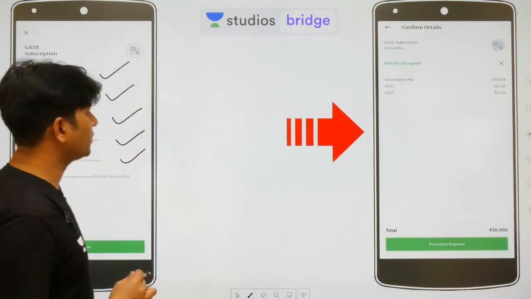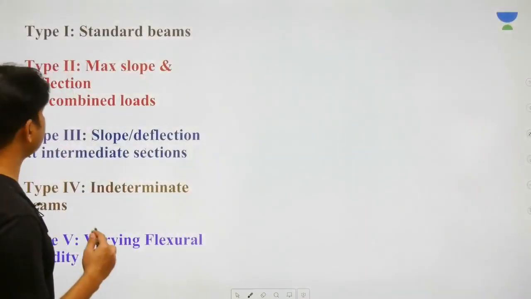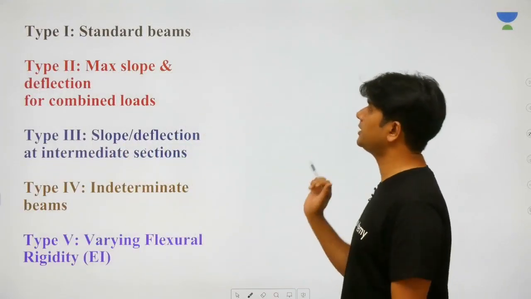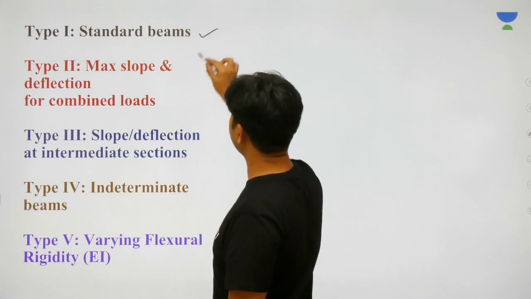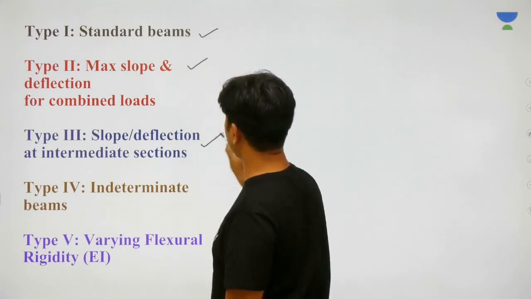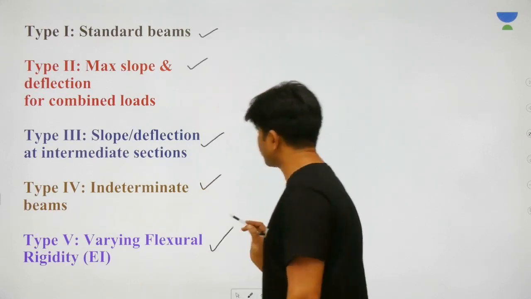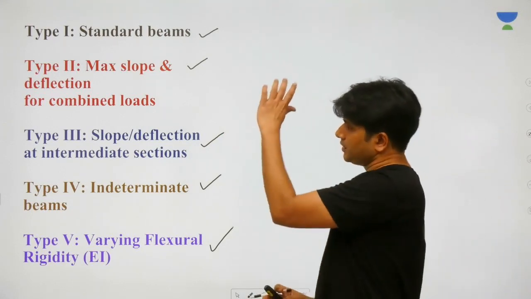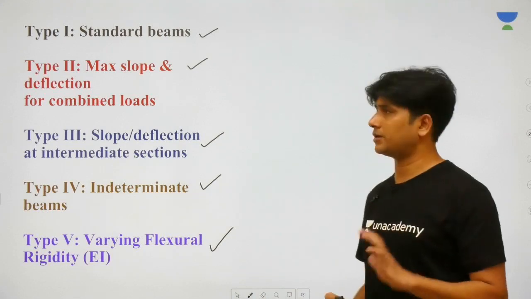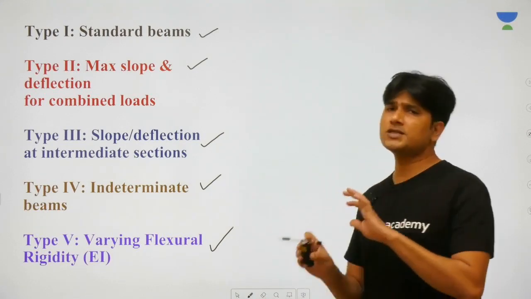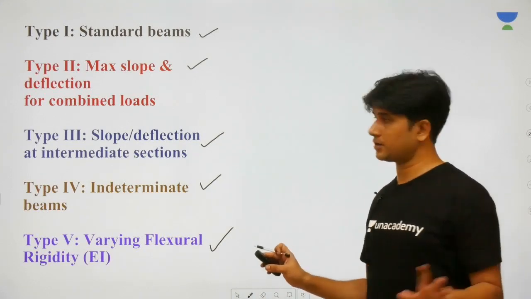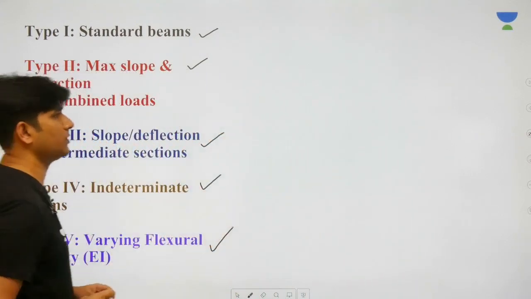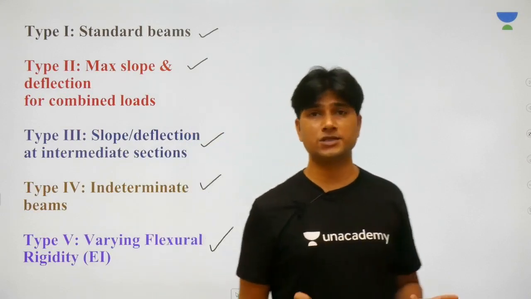Now let us start talking about the topic. My dear friends, in part 1 and part 2, I have already discussed 5 different types of slope and deflection problems in cantilever beams. In cantilever beams, there are 5 different types of problems possible. There is no 6th type here. Whatever I have covered in these 5 types is exhaustive.